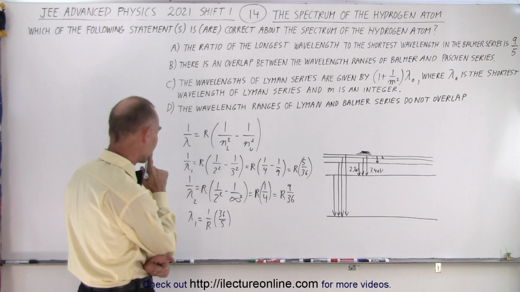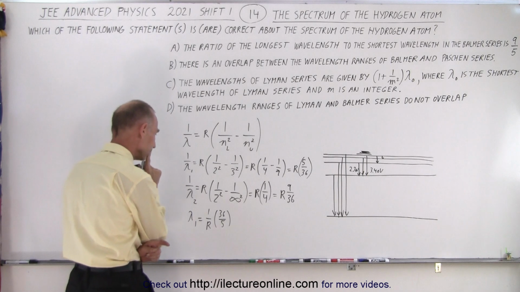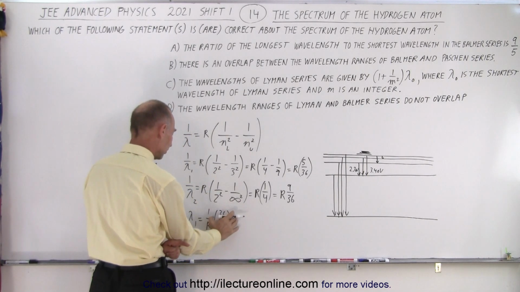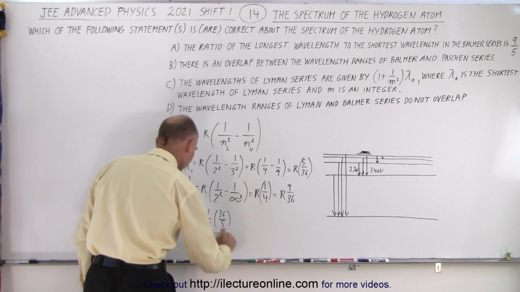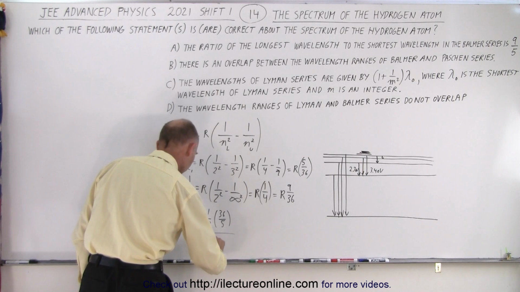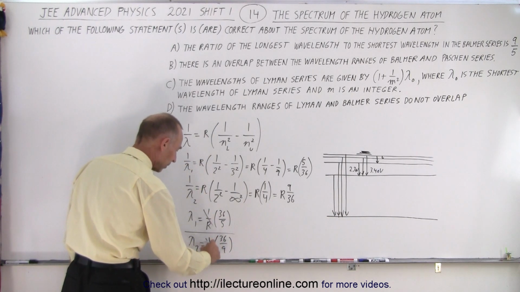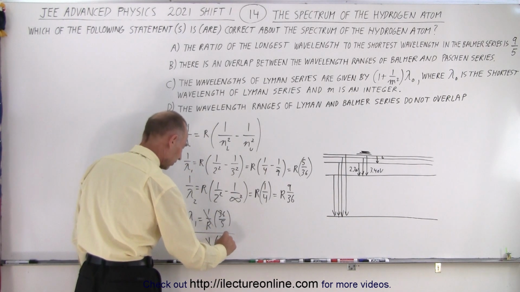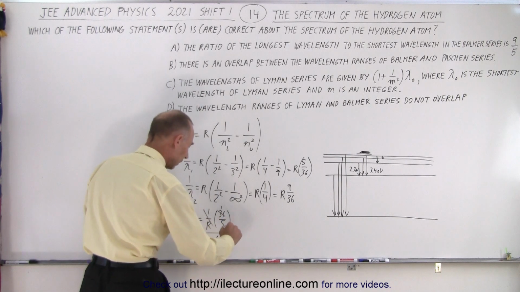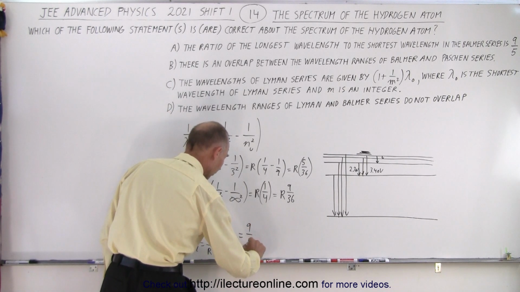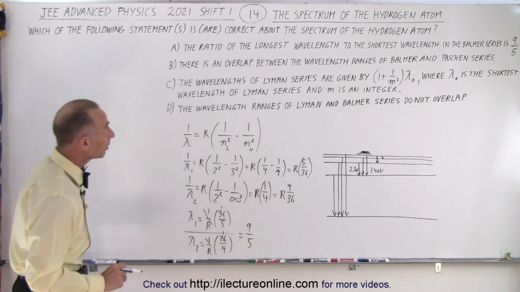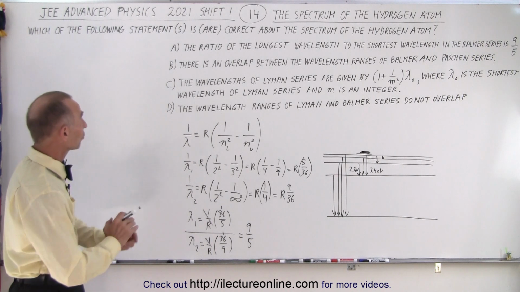The longest wavelength will come from the shortest energy gap. So we divide that by lambda 2, which is equal to 1 over R times 36 over 9. And of course, the R and the 36 cancel out, and that becomes 9 over 5. And that is indeed the ratio that we're looking for.